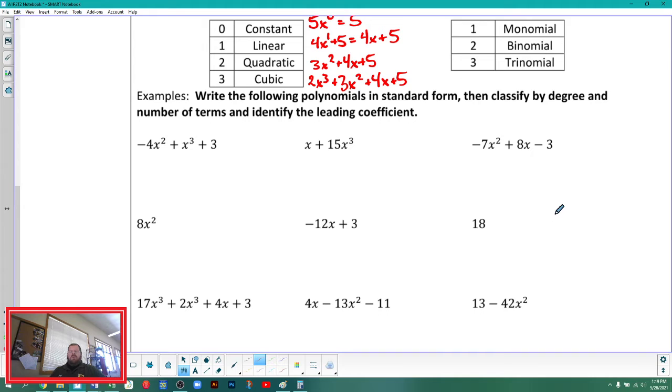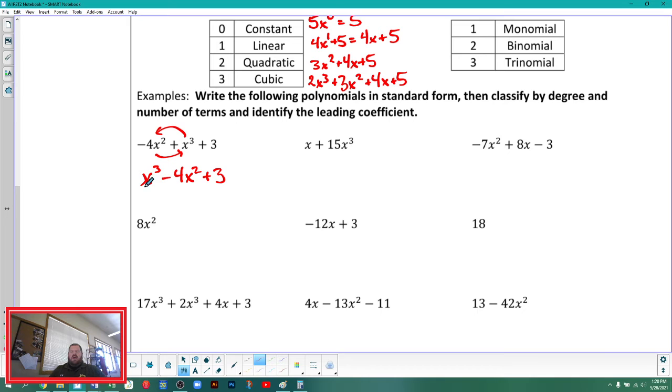But we want to make sure that we start off by putting them all in standard form. That means I need to put all of my higher powers of x at the beginning. So I'm going to take this x cubed and move it in front. Sort of just switch places with these two. So I'm going to have x cubed minus 4x squared plus 3.